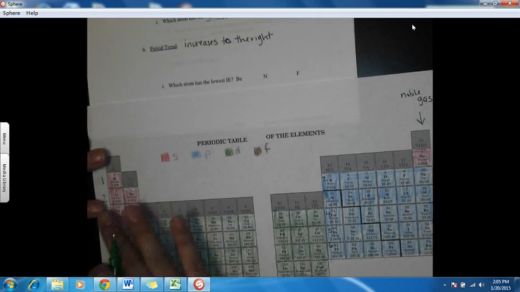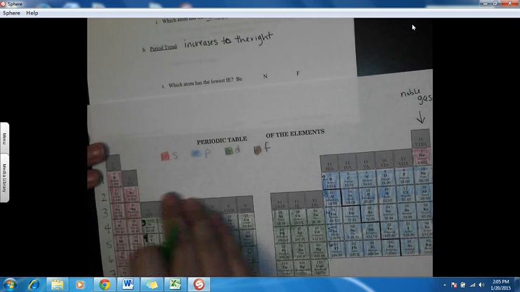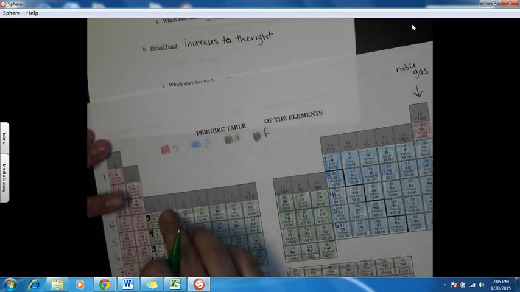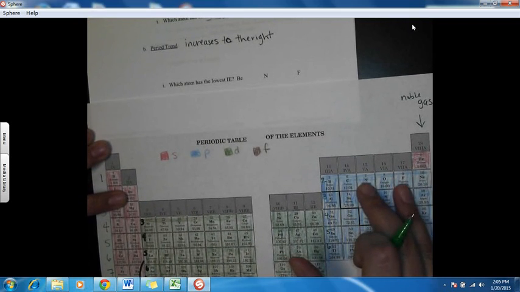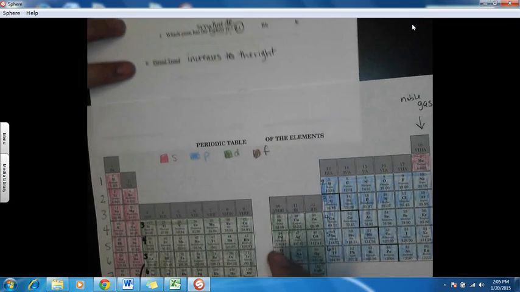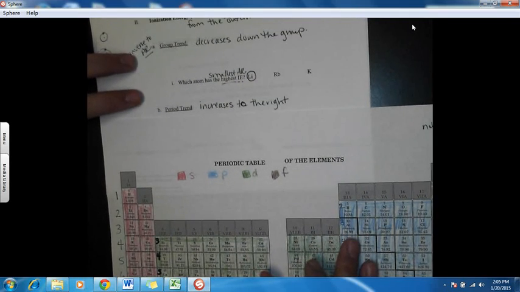If it increases to the right, the lowest would be the one furthest to the left. So we have B, E, N, and F. So the lowest would be beryllium. And again, we can relate this all back to size. The lowest ionization energy is going to be the largest atom. And between those, the largest atom was beryllium.